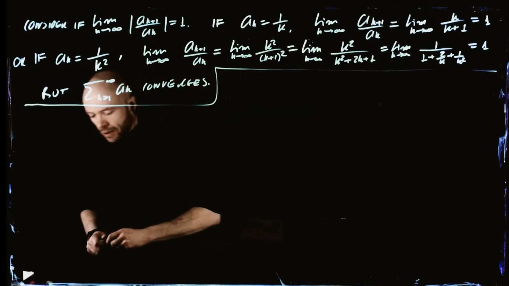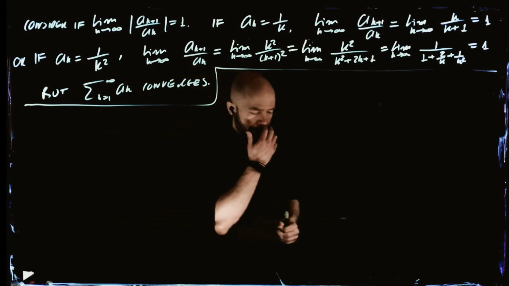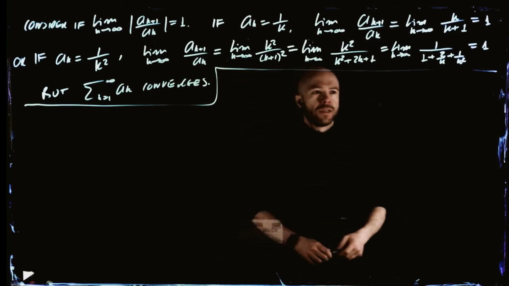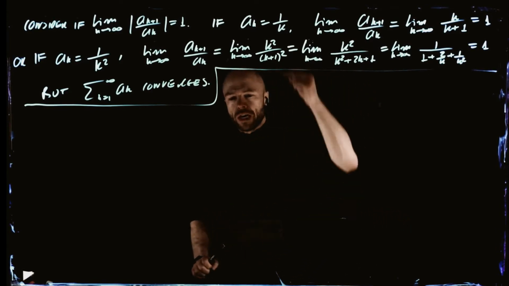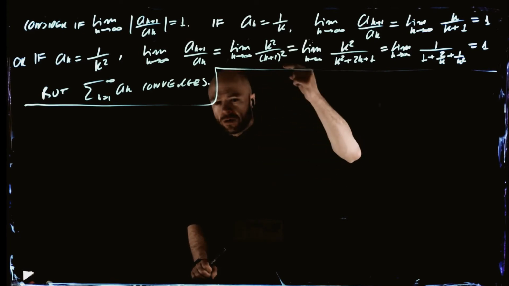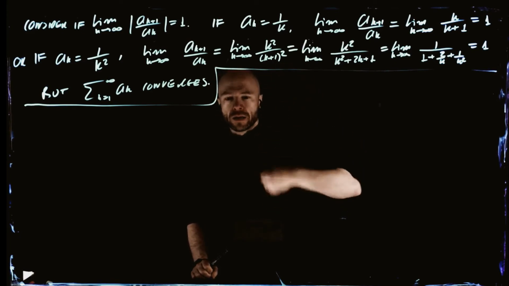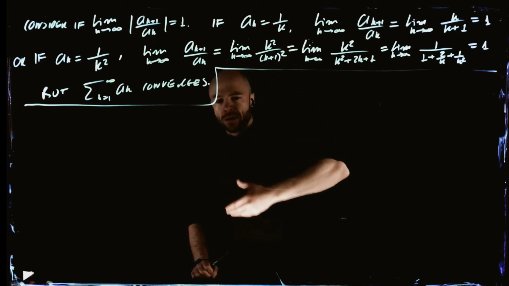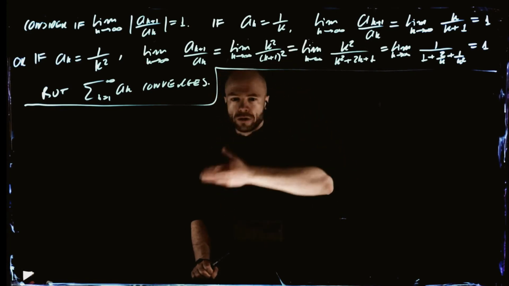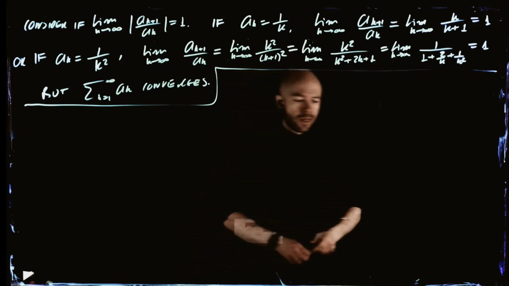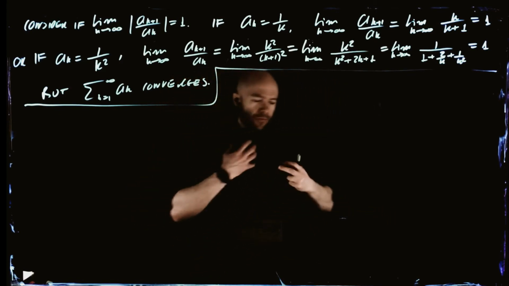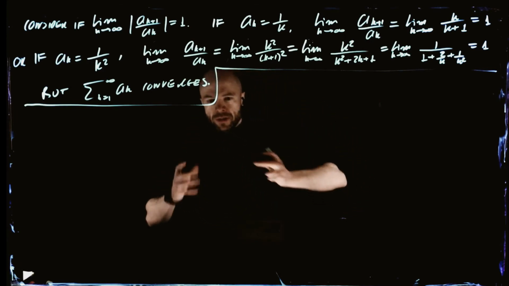So this test actually looks stronger than it is, because it seems so conclusive: we check if the limit is bigger than 1 or less than 1, and you think, okay, most of the time it's going to be one of those, so I can rule out a bunch of series from converging or show that they converge. But actually it's weaker than that, because what it's detecting is whether a series in its bones is a geometric series.